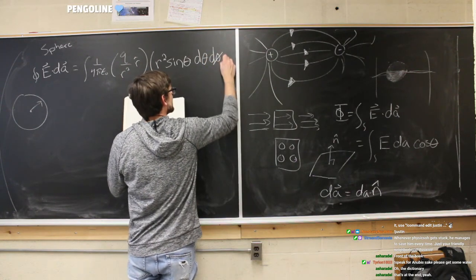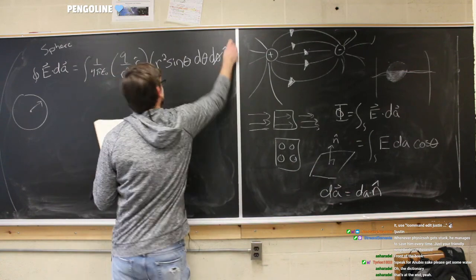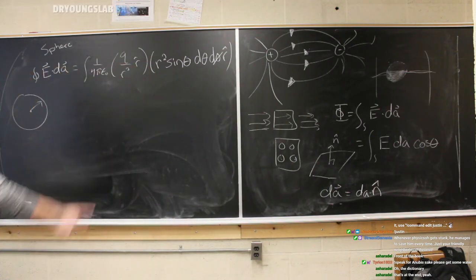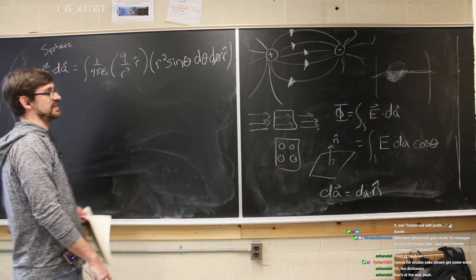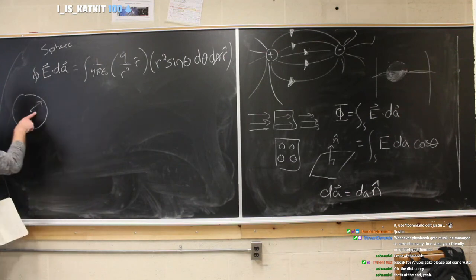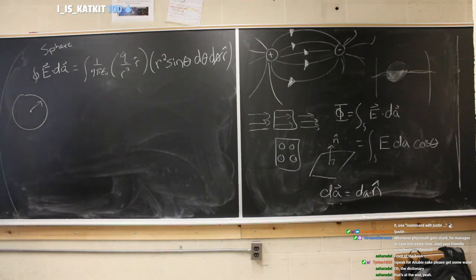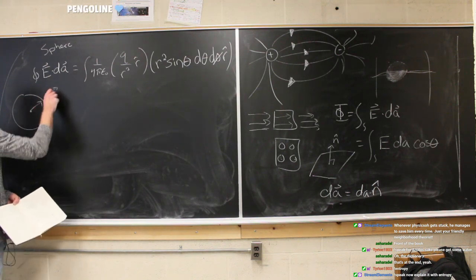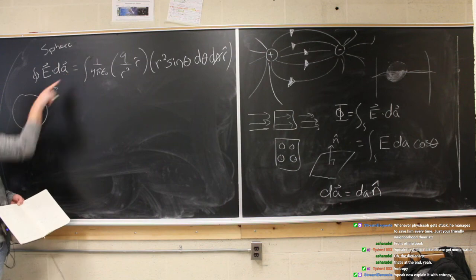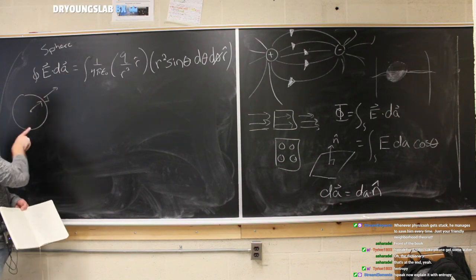All right, so here we are. This is the dA. This is the second half of that. And now we also know that since it's a sphere, the direction of the E field will be radiating outward. So that means the normal vector as well as the electric field will go the same direction.